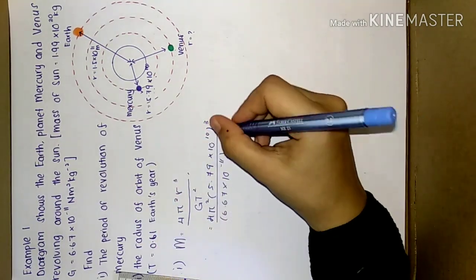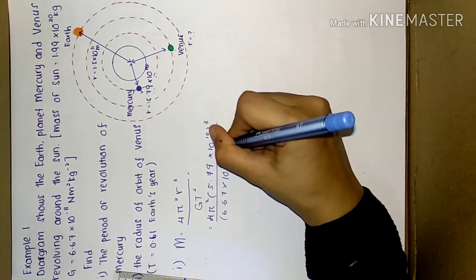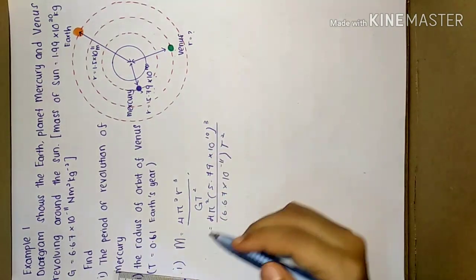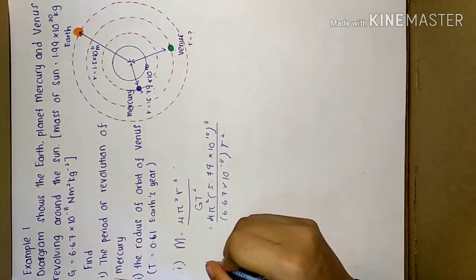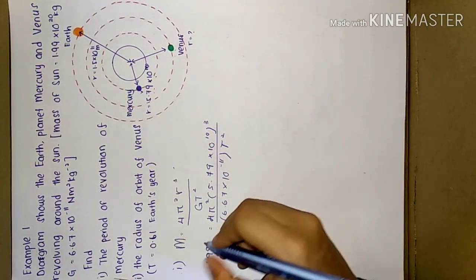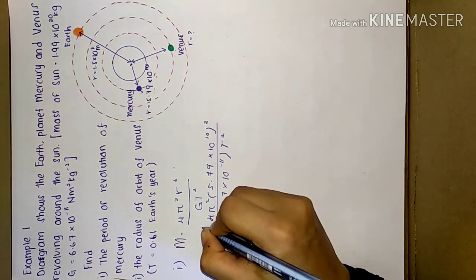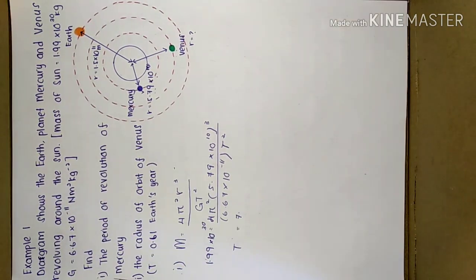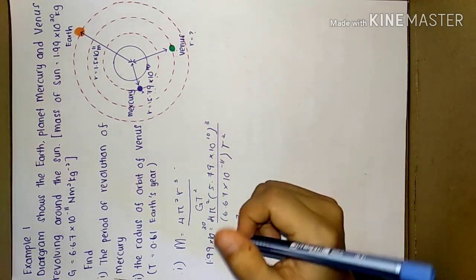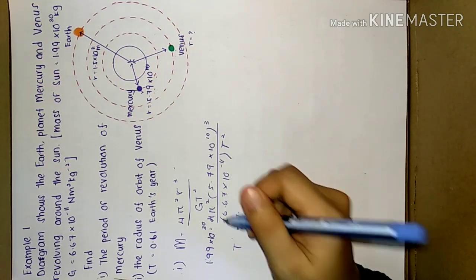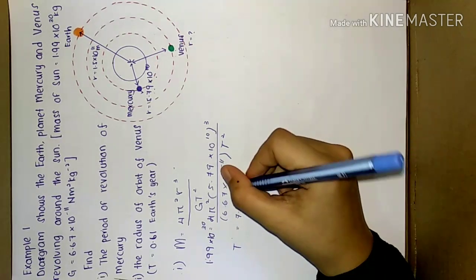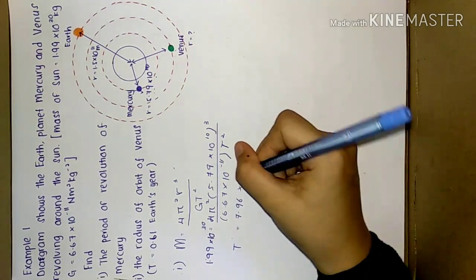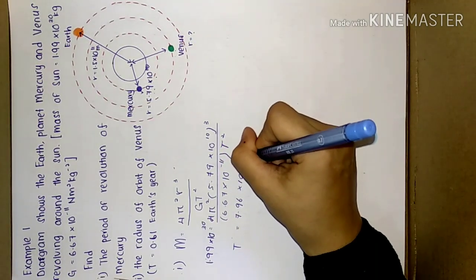And for T, we have to find T. For the mass, we use the mass of the Sun, which is 1.99 to the power of 30. After we calculate, T will be 7.96 times 10 to the power of 6 seconds.